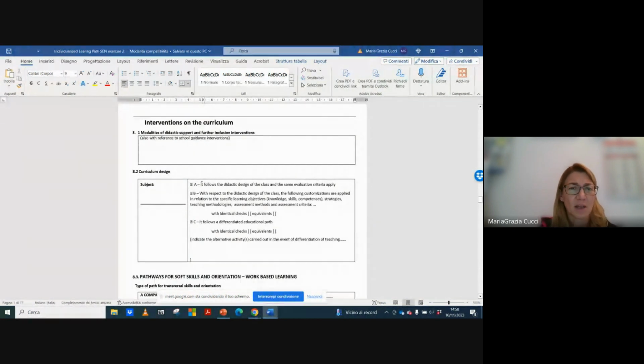A, the student follows the didactic design of the class and the same evaluation criteria is applied.